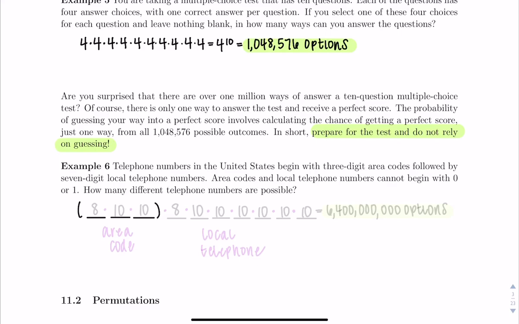And we know that the area code cannot begin with a 0 or 1. So that can be a 2, a 3, a 4, a 5, a 6, 7, 8, or 9. So that's 8 different options. We have no restrictions as far as the rest of the area code. So we can have a 0 or a 1 or those 8 digits from the first one. And so we have 10 possible options for the second and the third place. And so this is just the area code.